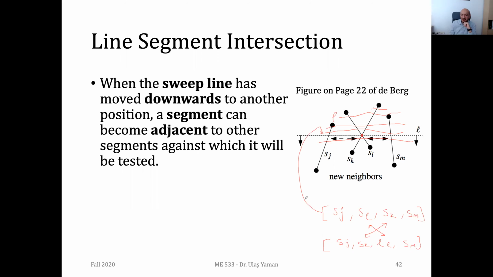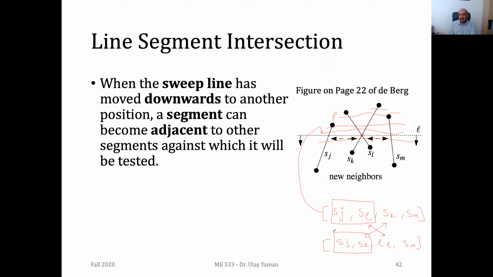So we said that we should be only considering neighbors. So in the previous case, we are only checking SJ with SL, right? Since they are neighbors. But after the intersection point, we have a new neighbor of SJ. So we need to do a check between SJ and SK right now.